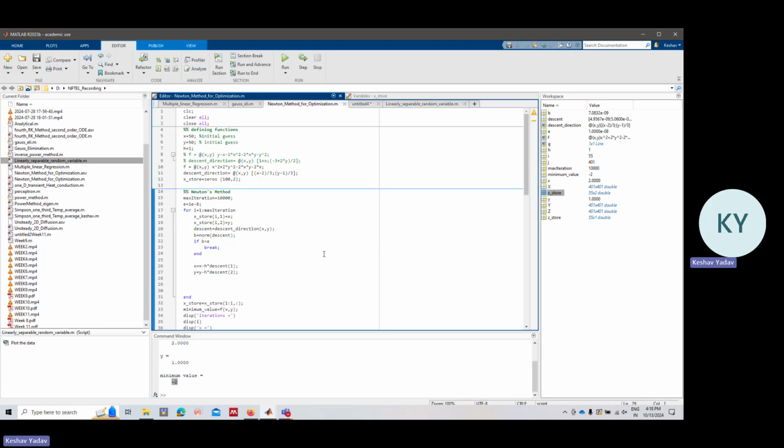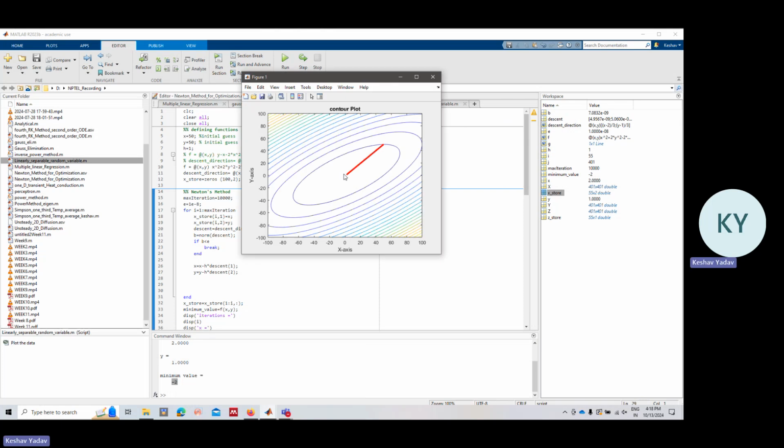Okay, so after 55 iterations it has been optimized. So this is what it has been started from here, 50-50. Then it moves like that, like that. Then it has converged.